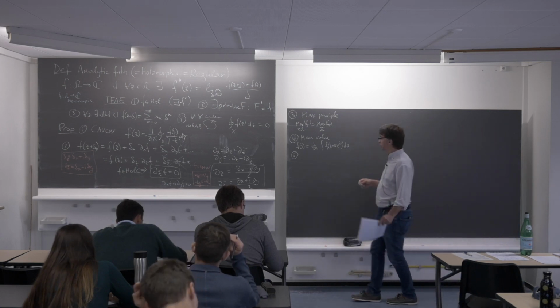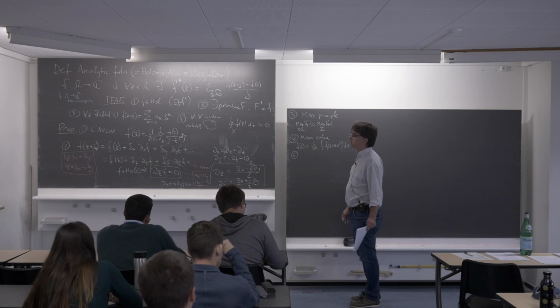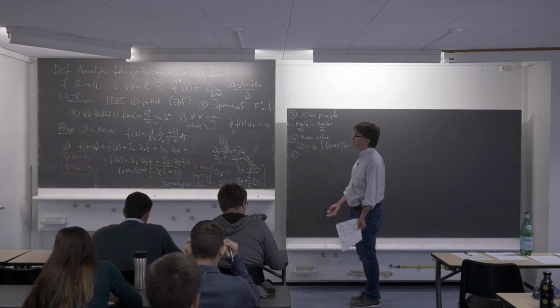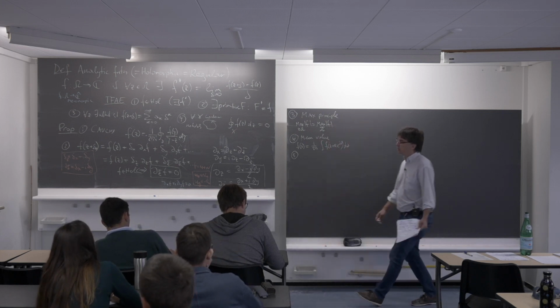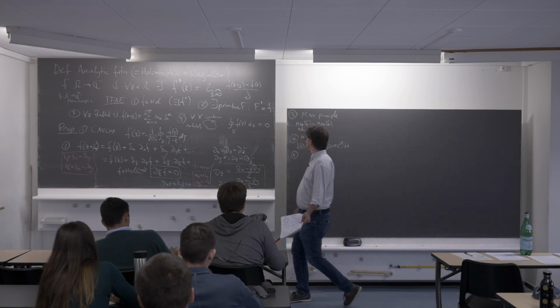And of course the space of analytic functions is not compact, but it is complete. So if there is a limit, then it's analytic, just because you check this property.